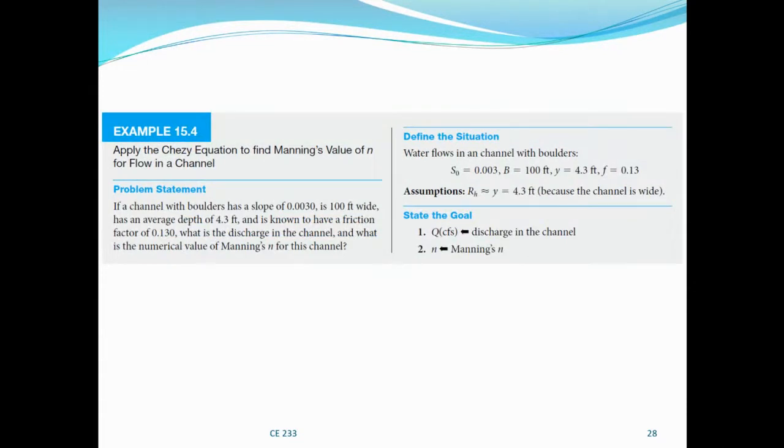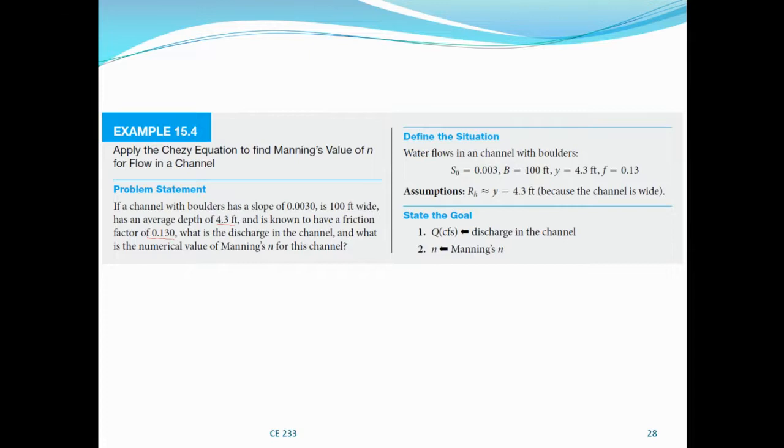And we apply the Chezy equation to find Manning's n for flow in a channel. Here, we have a channel with boulders, with a slope of 0.003, 100 feet wide, and an average depth of 4.3, similar to the previous problem, and is known to have a friction factor of 0.13.